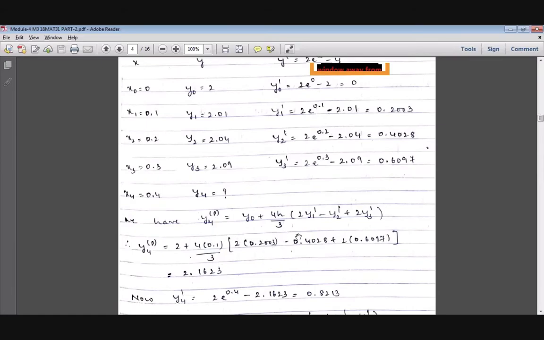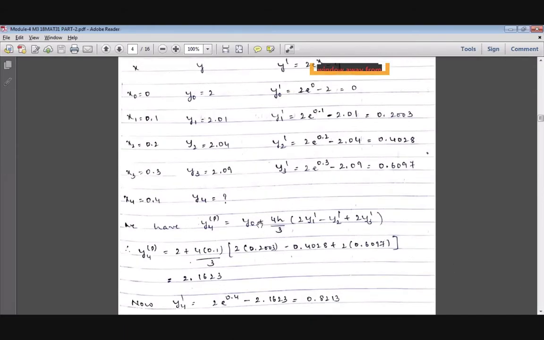Formula is y4 of p equal to y0 plus 4h by 3, 2y1 dash minus y2 dash plus 2y3 dash. Substitute all the values. y0 is 2. y1 dash, y2 dash, y3 dash are these.